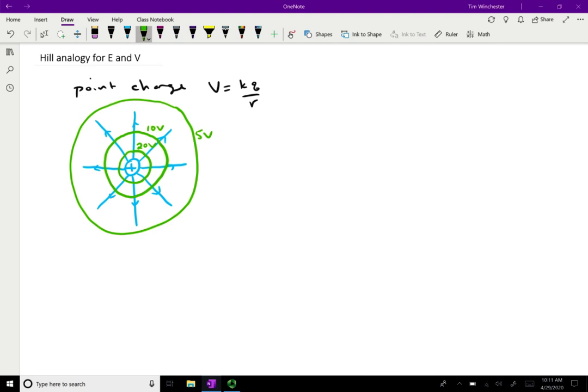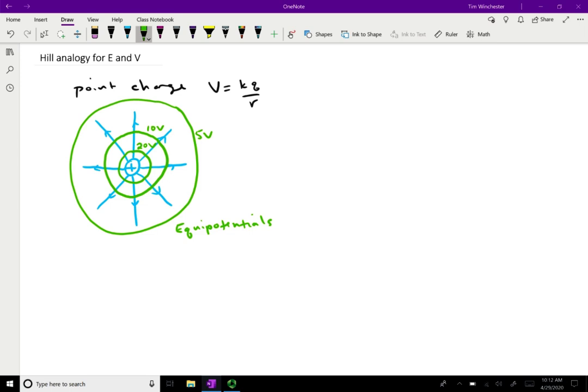But this is another way we can represent what's going on. We can map out places where the potential takes on certain values. We call these equipotentials because they're places where the potential is equal. So it's a relatively simple way that we can represent what the potential looks like in some region of space.